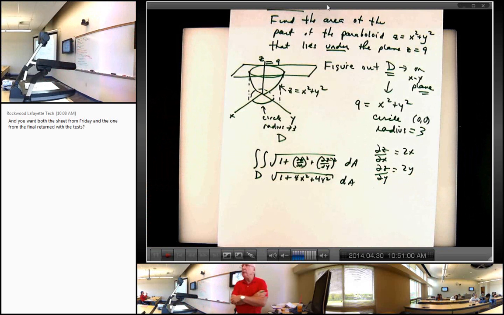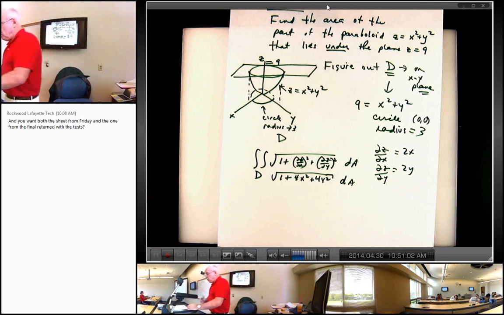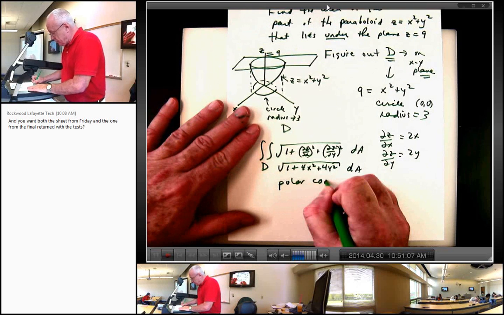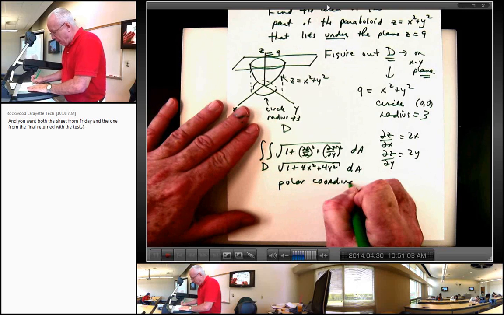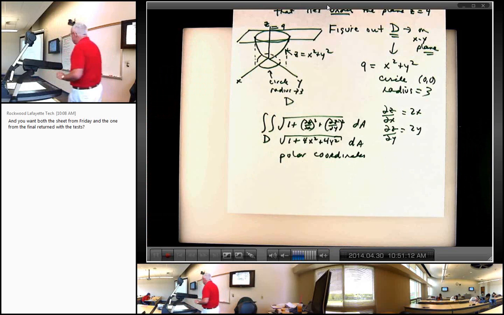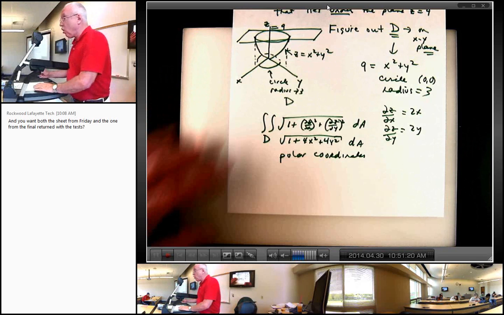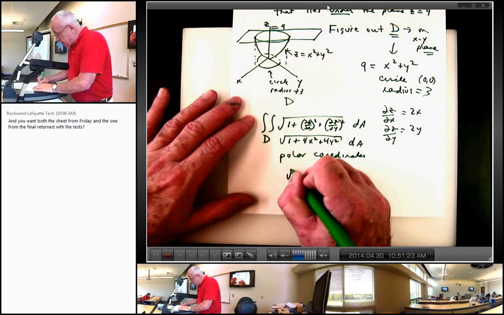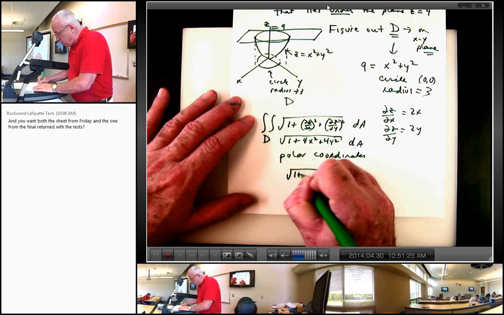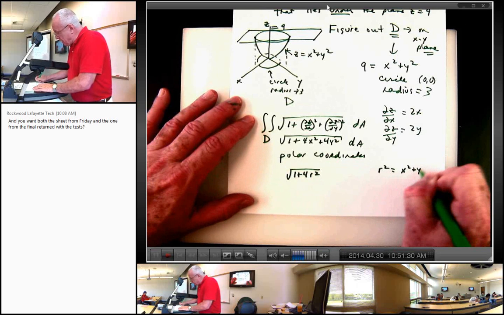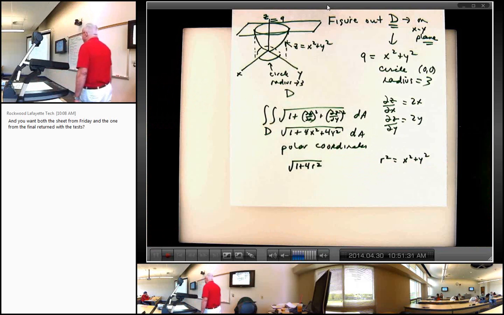So this just screams out for polar coordinates. We're going to use polar coordinates to evaluate this. With polar coordinates, how can I represent that square root? Right, 1 plus 4r squared. So this is going to be the square root of 1 plus 4r squared, because remember, r squared is equal to x squared plus y squared.